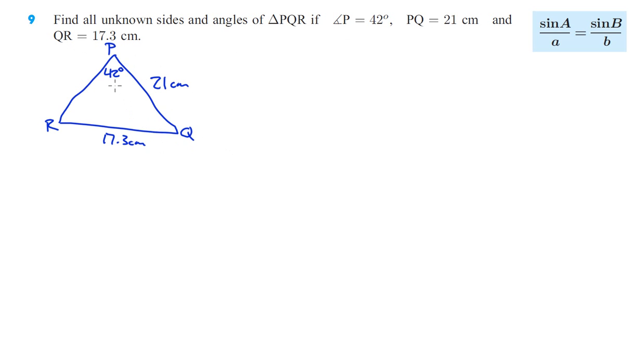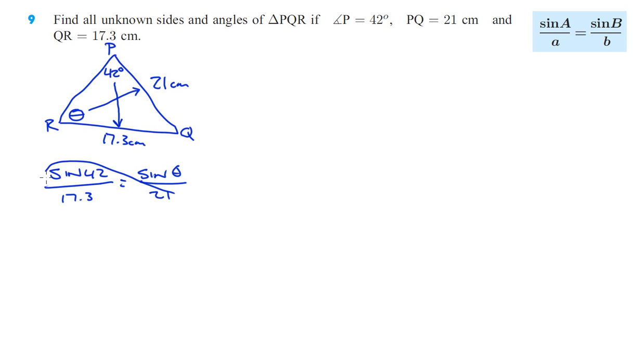So let's do this. We can use the law of sines because we have the angle and the side across from it, and then we can find this angle here because we have the side across from that. So let's do sine of 42 over 17.3 equals sine theta, or R, whatever you want to call it, over 21.